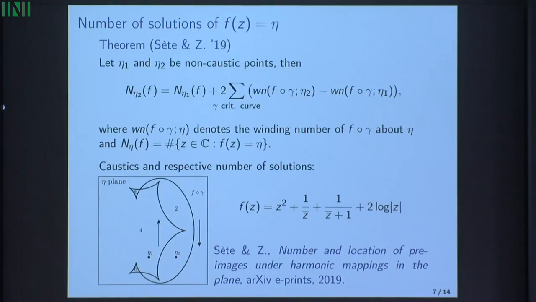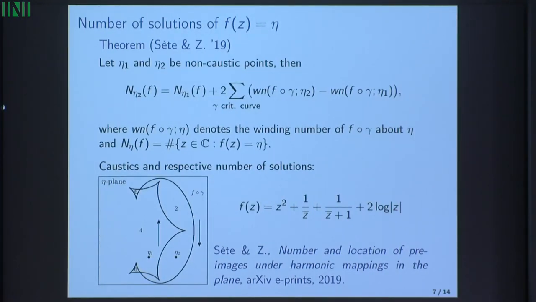Just to mention, I always say, entering a deltoid-like region gives 2 additional solutions, and entering a cardioid-like region gives 2 fewer solutions.